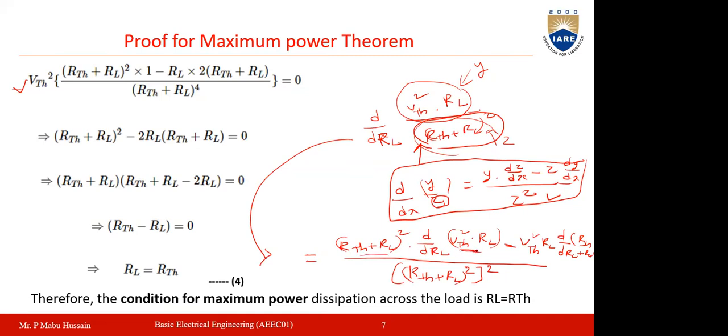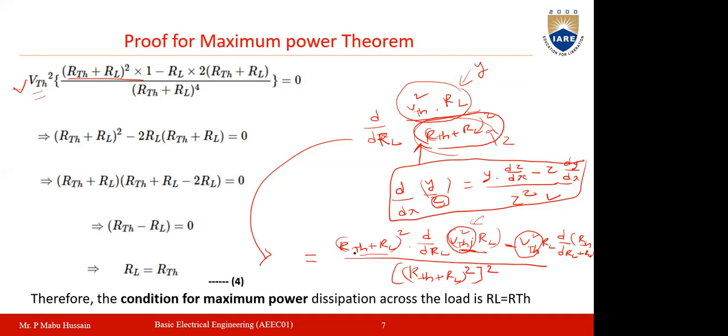Now if you differentiate V Thevenin square into RL, what you will get is V Thevenin square only. So V Thevenin square into (R Thevenin plus RL) you will get. In this term V Thevenin square is there, and here also V Thevenin square is there, so we take it common.